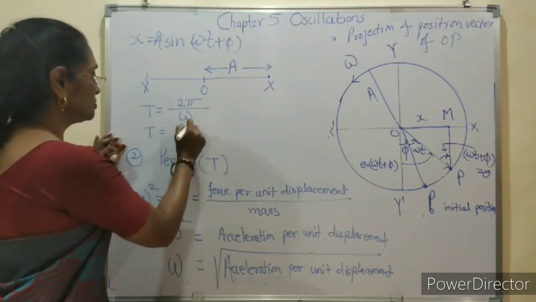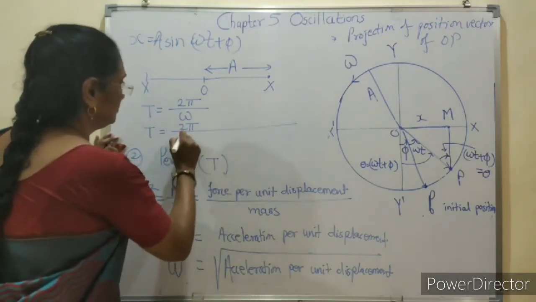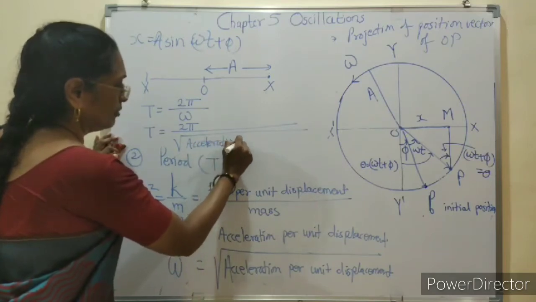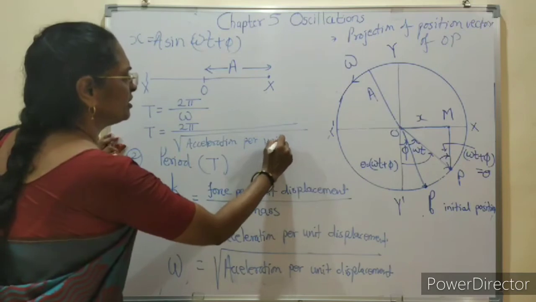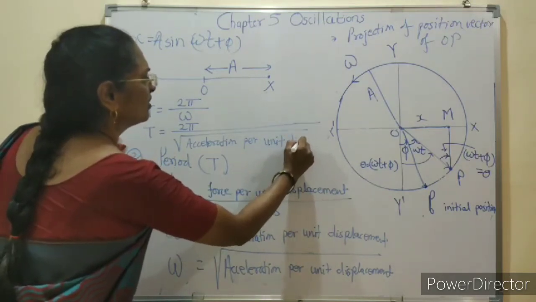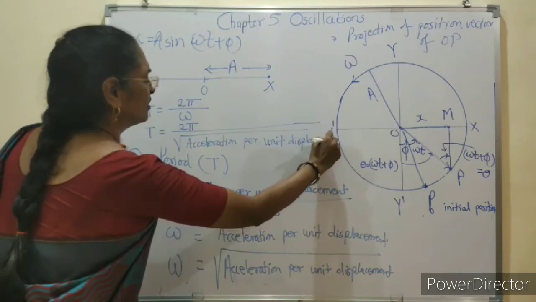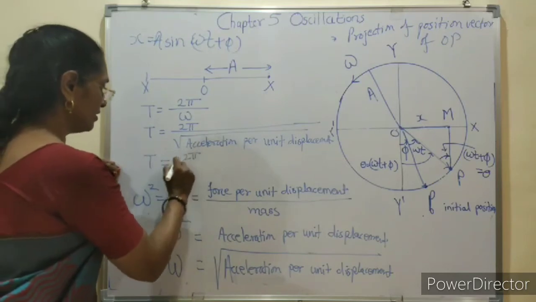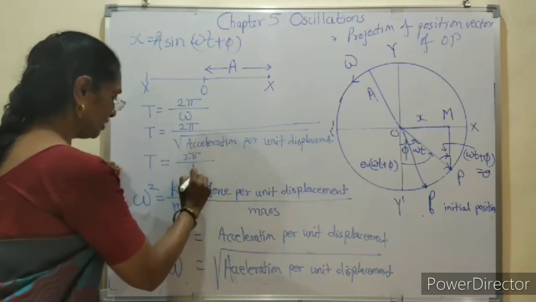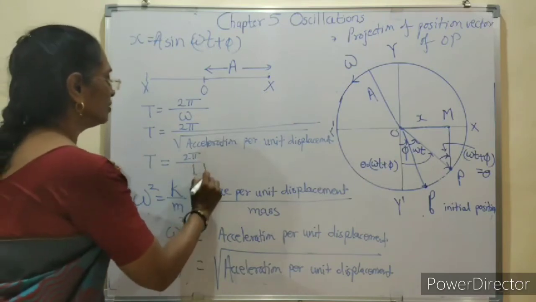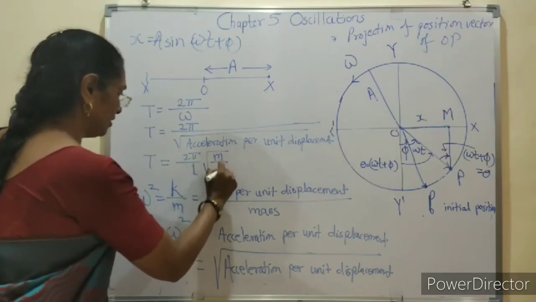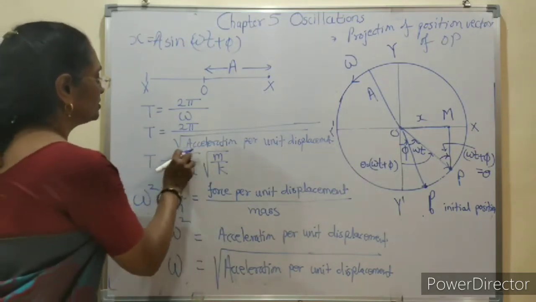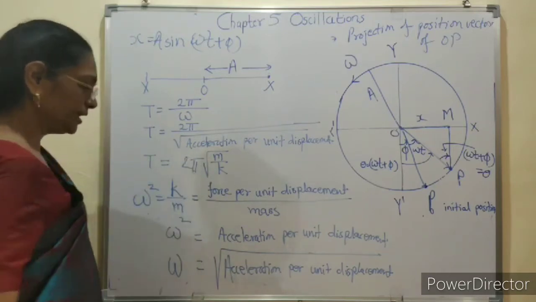T is equal to twice pi upon this description, acceleration per unit displacement in the square root. Also, it can be written as T is equal to twice pi upon 1, and this omega is under root m upon k. K upon m we have adjusted in this way, or twice pi root m upon k.